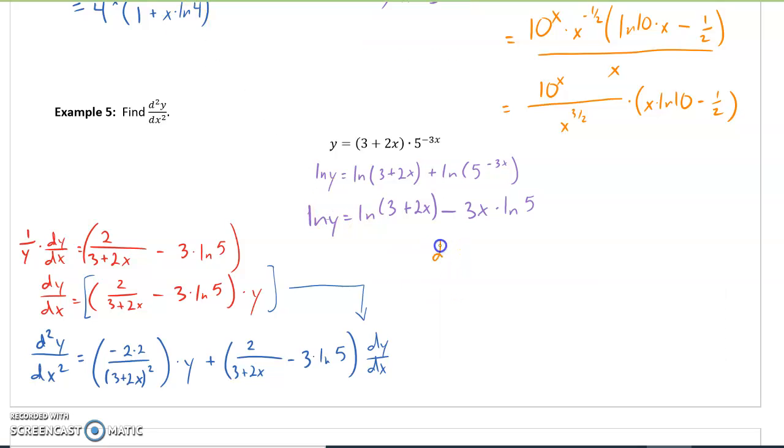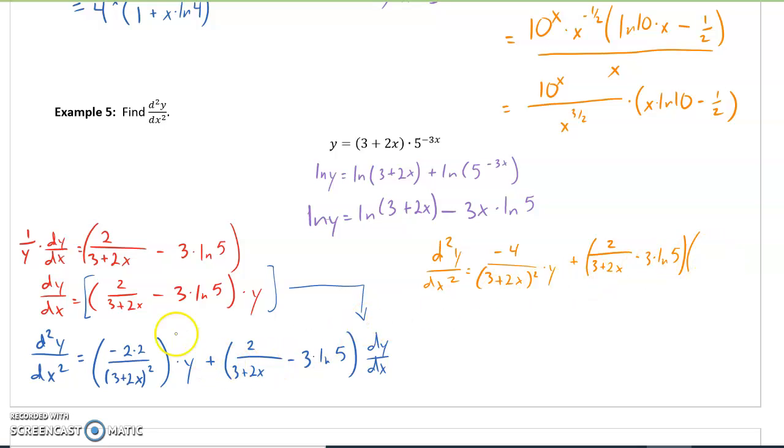So d squared y dx squared is going to equal, well, I'll simplify this, negative 4 over 3 plus 2x quantity squared times y plus, and then we just have this stuff in here, 3 plus 2x minus 3 natural log of 5.